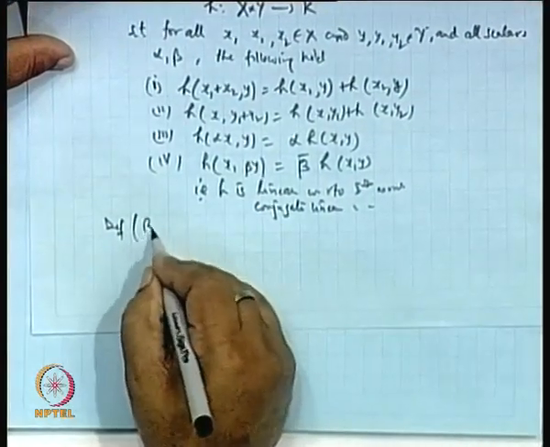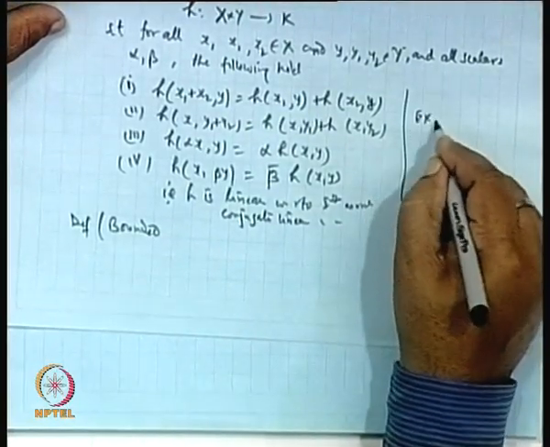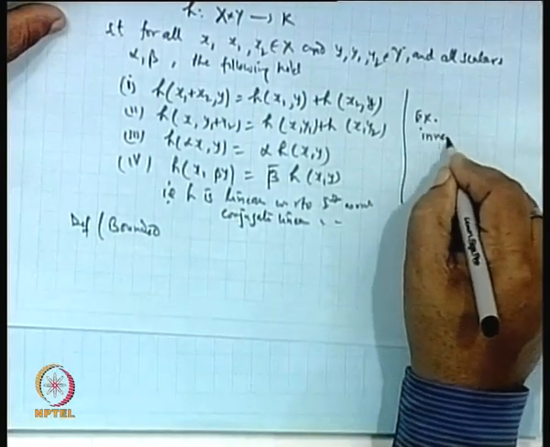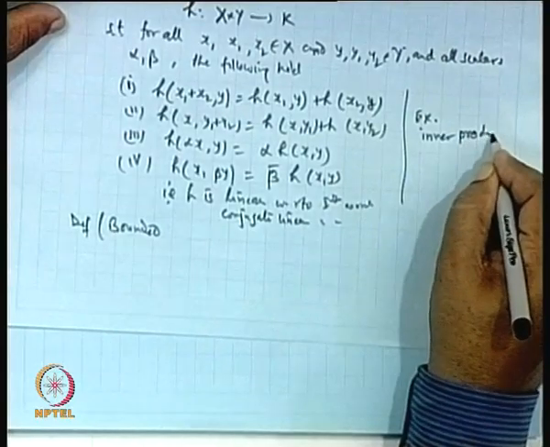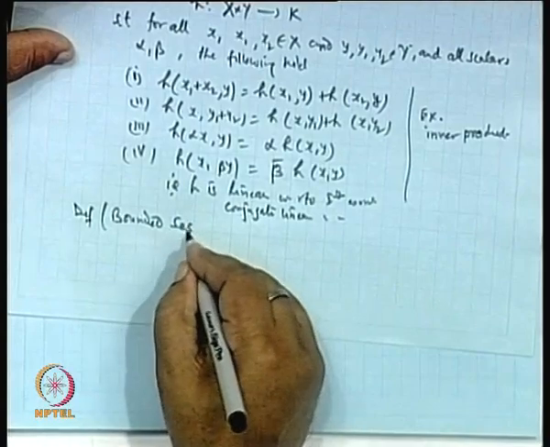A bounded sesquilinear form. An example of this is the inner product. Okay. So, that we know, bounded sesquilinear form.